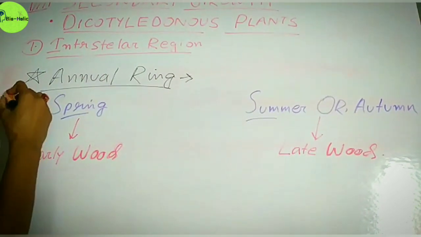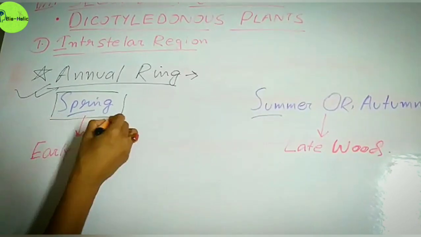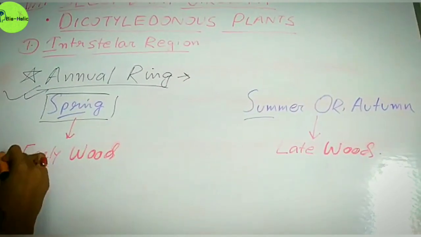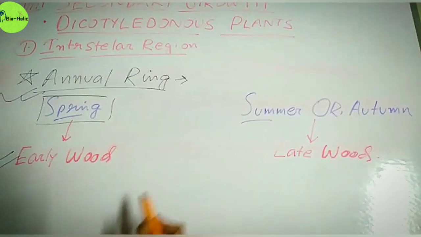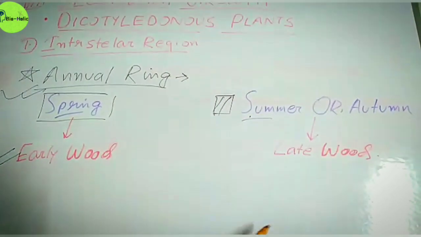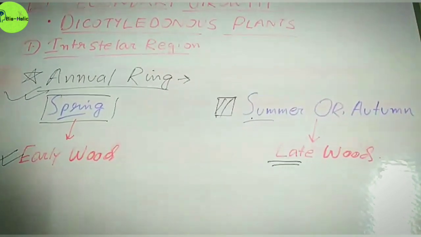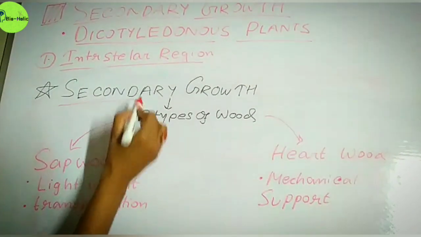If the annual ring is formed in the spring season, this is called as earlywood, and if it is formed in the summer or autumn, it is called as the latewood.